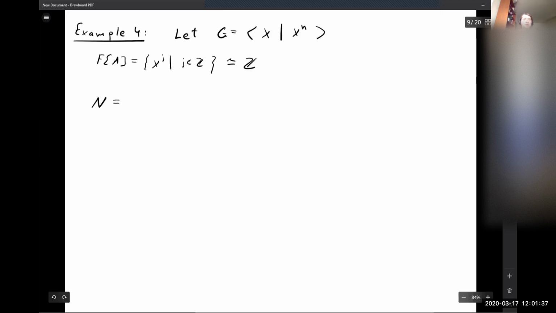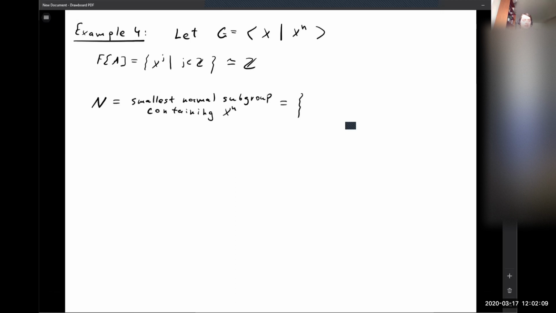What is the smallest normal subgroup containing x to the n? Is it the group generated by x to the n?